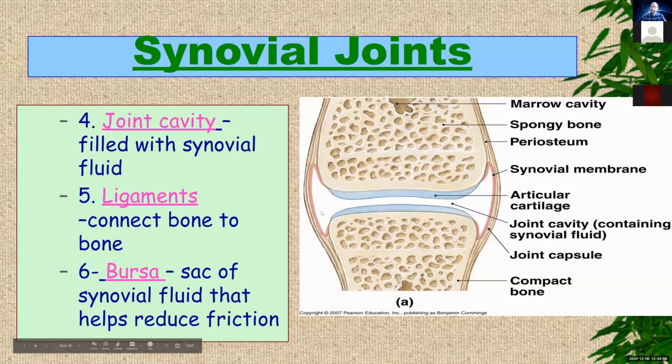And there's these little sacs that we find in between these joints called bursa. And the bursa actually provide another mechanism for reducing friction. The bursa, which I'll show you in just a moment, are these little sacs found in the joint that basically keep the ligaments from rubbing on top of your bones.